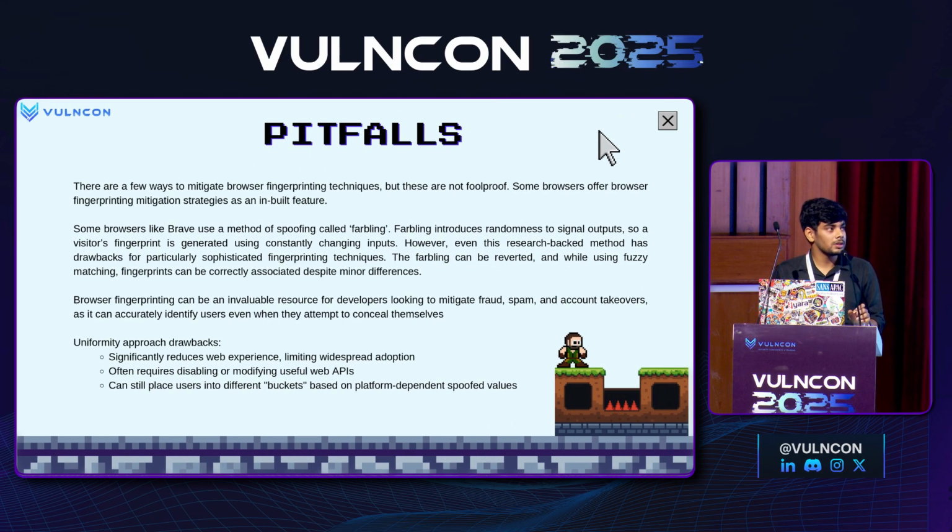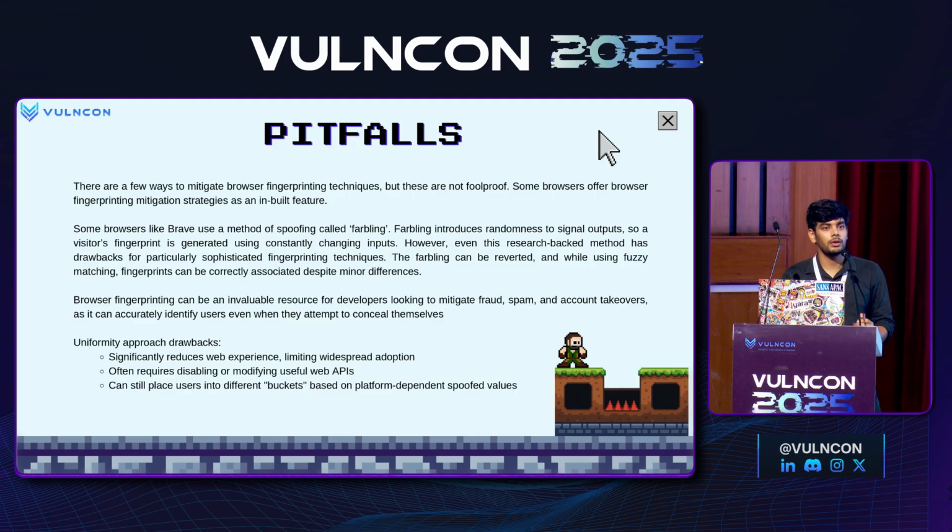Now there are some pitfalls as well. These can be mitigated with newer, more privacy-focused browsers. For example, Brave is the most privacy-focused browser as of now, and it has a method called farbling. It reduces fingerprinting techniques by injecting random outputs.